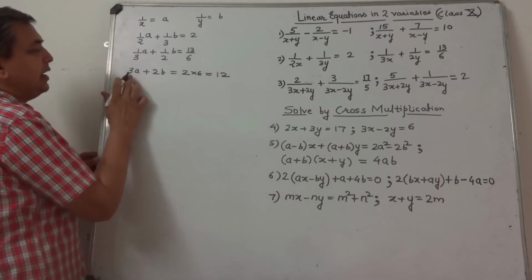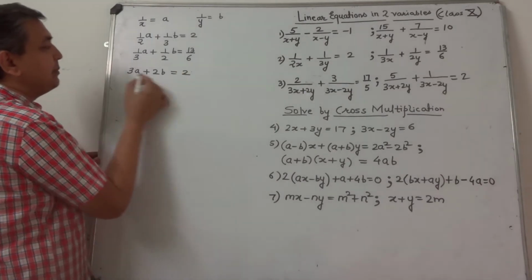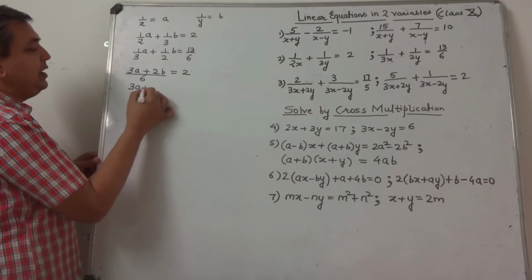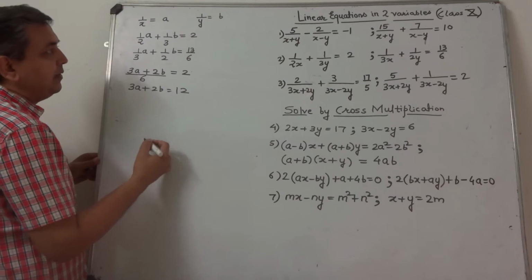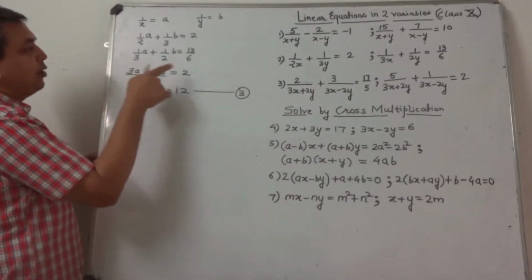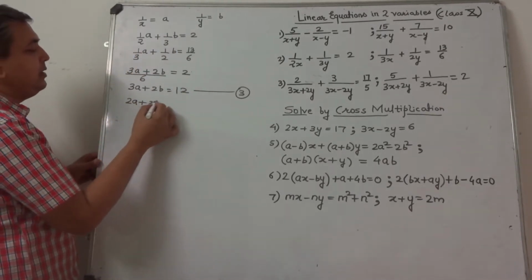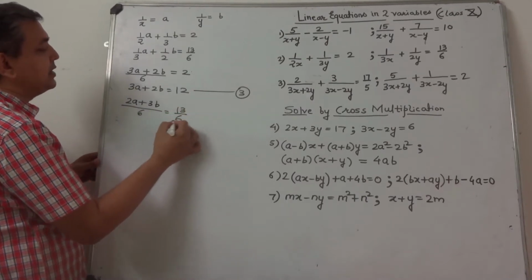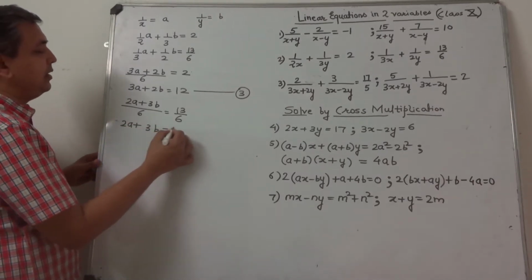So we can write 3a plus 2b equal to 12. This is our required equation, suppose 3, and from this we can write cross multiplication gives 2a plus 3b upon 6 equal to 13 upon 6, 6 gets cancelled, and so 2a plus 3b equal to 13.